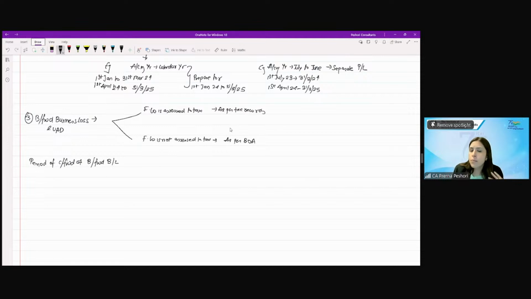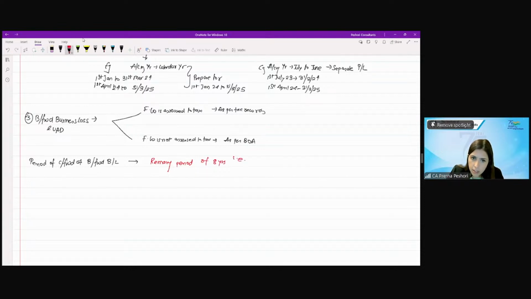See, unabsorbed depreciation can be carried forward indefinitely. But as far as the brought forward business loss, this will be for the balance, or you can write a remaining period of 8 years.